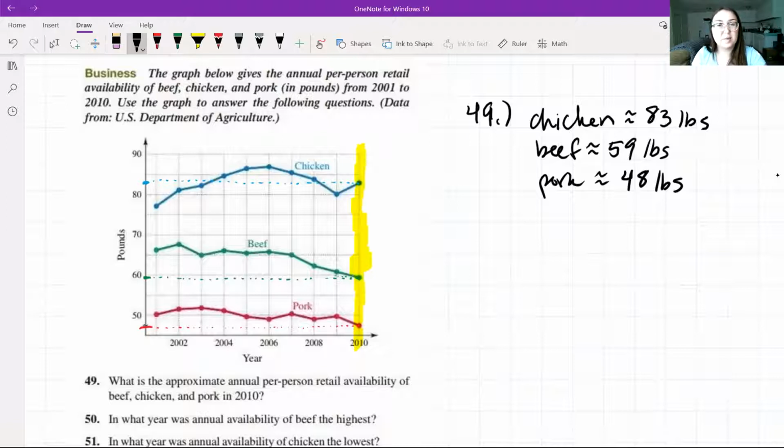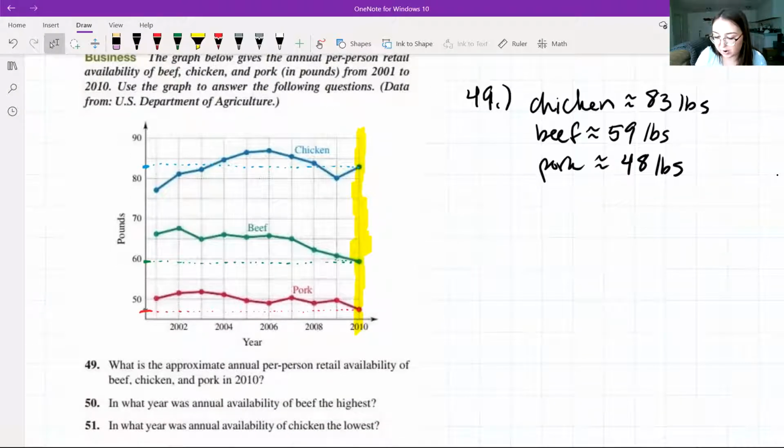So now we've approximated each one of these, which we were able to do because we have this graph. Now we want to go on to our next problem, which is 50. So we want to know in what year was annual availability for beef the highest. So in this case, we're only paying attention to our middle graph here, beef. And we want to know when it's the highest. So we're looking for the highest point on the beef graph.